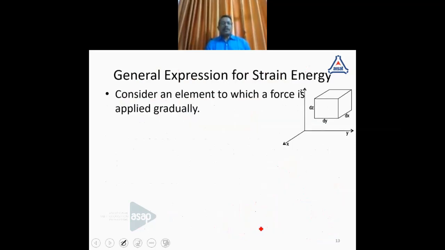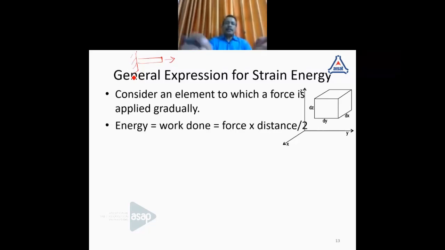Now we will come to the general expression. What we have seen earlier is about a body which is subjected to only an axial load in a particular direction, in the direction of one axis. But if you consider an element in which a force is applied gradually.